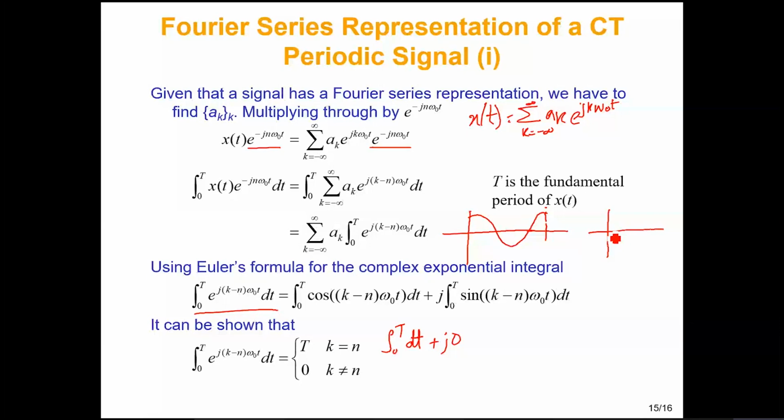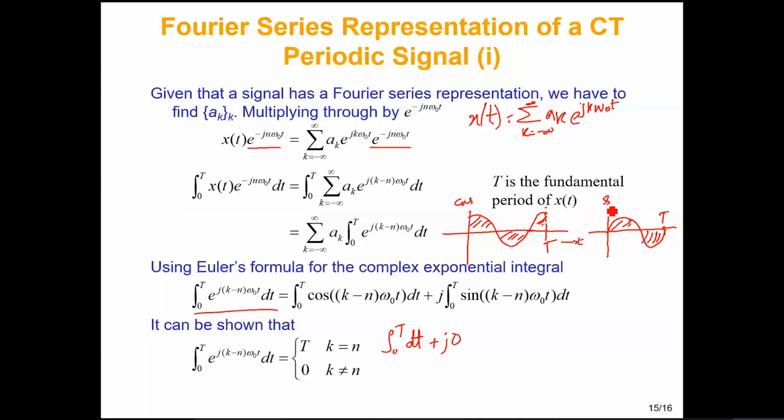This is from 0 to T. If you integrate it with respect to t, you will notice that this part area and this part area are equal and opposite, so the integral will end up giving you 0. Same goes for sine. A sine or cosine integrated over one time period will end up giving you 0.